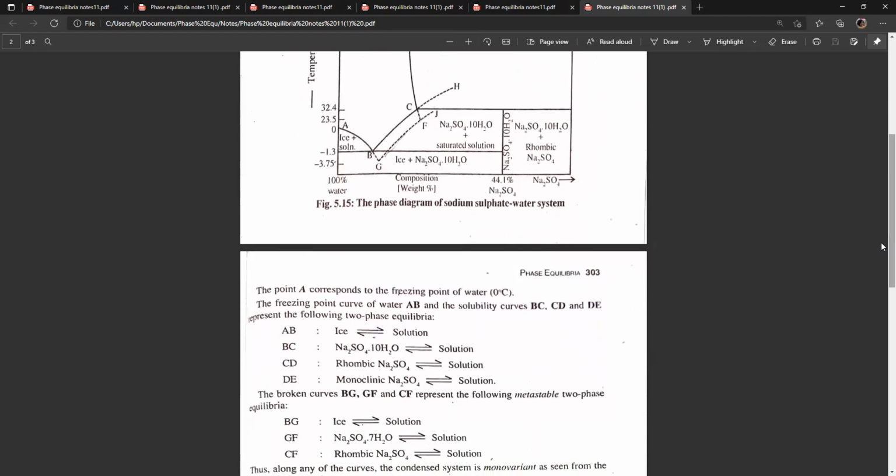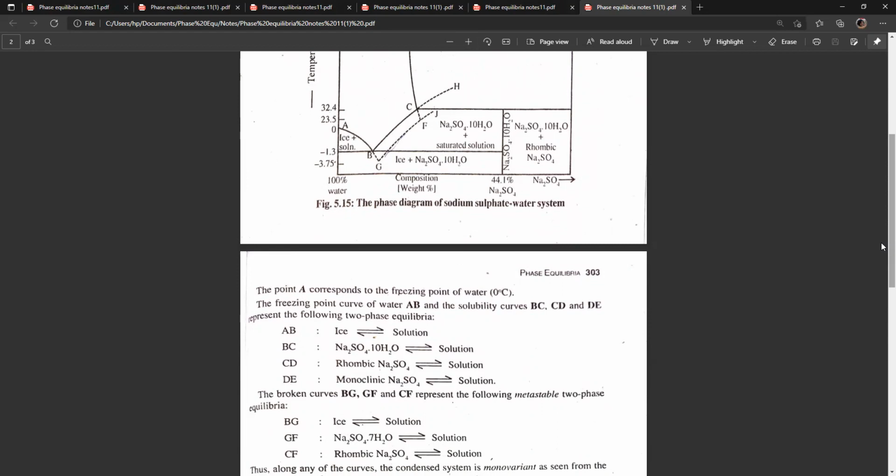The broken curves BG, GF, and CF represent metastable two-phase equilibria. BG is a continuation of AB, and the phases in equilibrium are ice and the solution. At point G, the metastable hydrate Na2SO4·7H2O begins to separate, and the phases in equilibrium along the broken line GF are Na2SO4·7H2O and the solution.